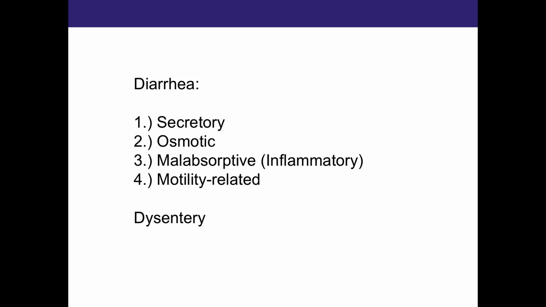Actually, the CFTR channel, because chloride is the molecule that's transported into the small intestines, that's what's responsible for the secretory diarrhea, and then water follows. That's why people that have cystic fibrosis, when they don't have that chloride channel, are somewhat immune to cholera. They don't get as sick.